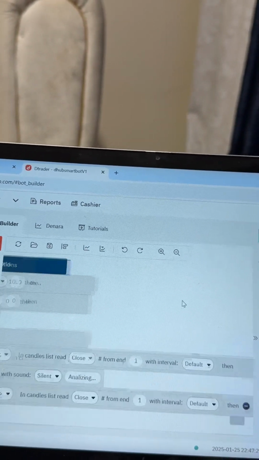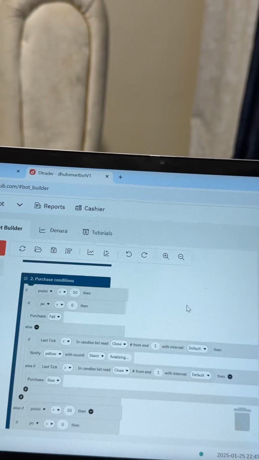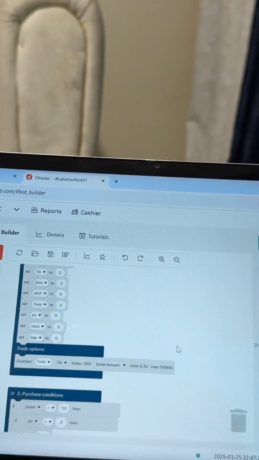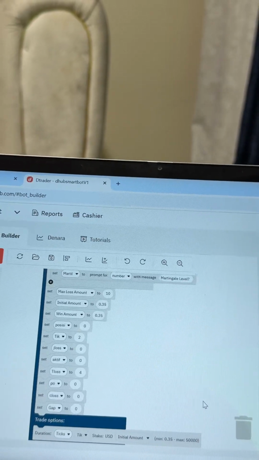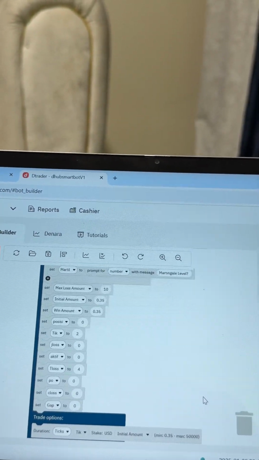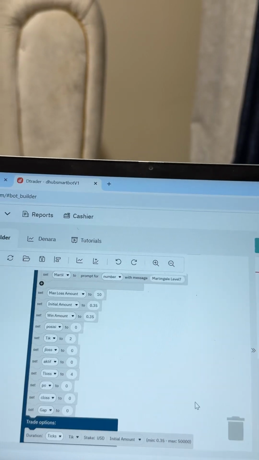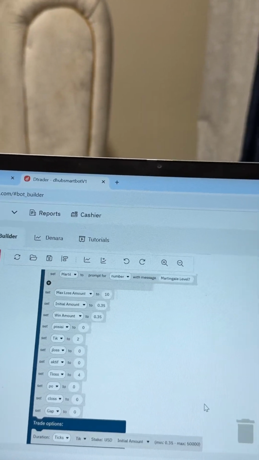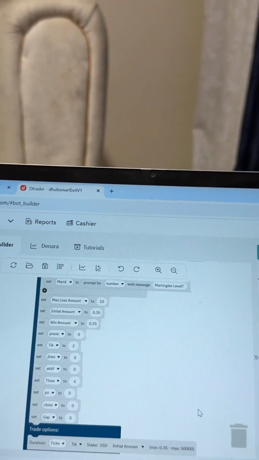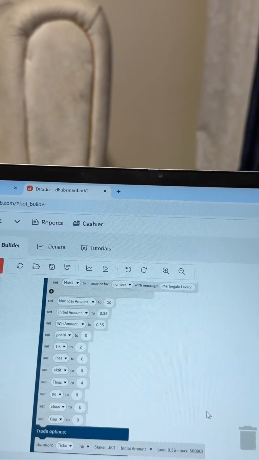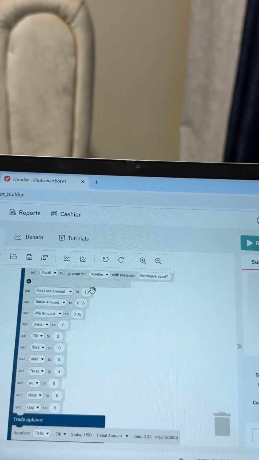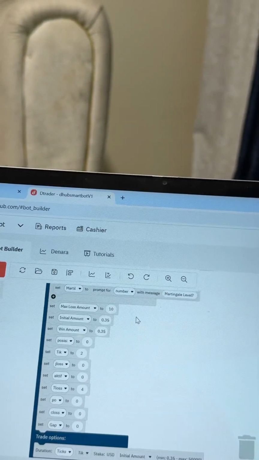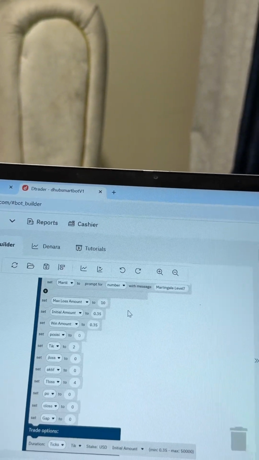Risk management. As you've seen, there is the martingale, which is self-explanatory. If you lose, it increases the initial position by a factor, which will be prompted. Now, another risk management in this bot is that if it reaches the maximum loss amount, this one, okay, it resets the trade size.